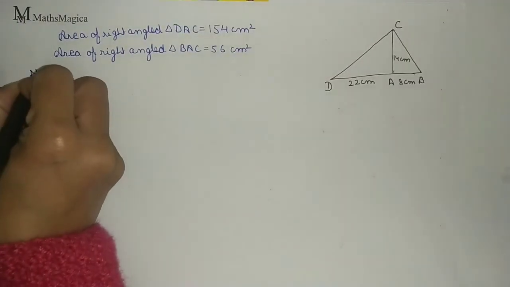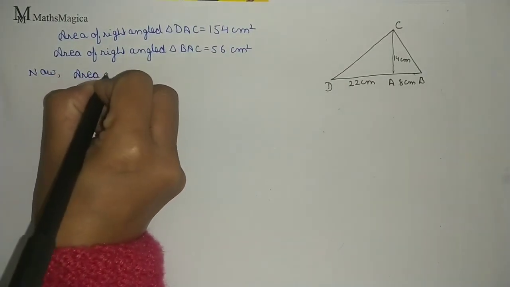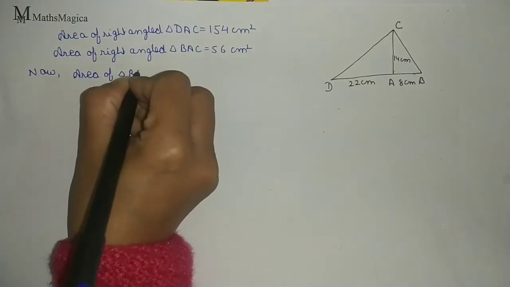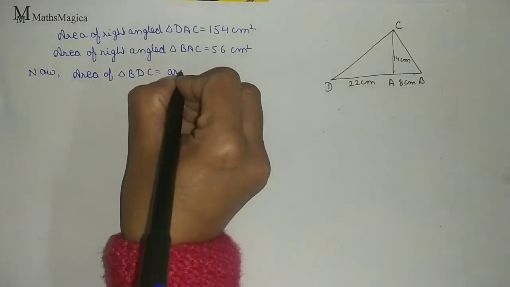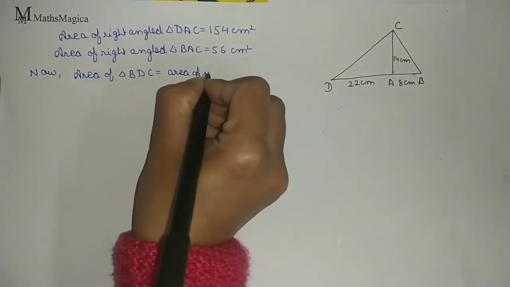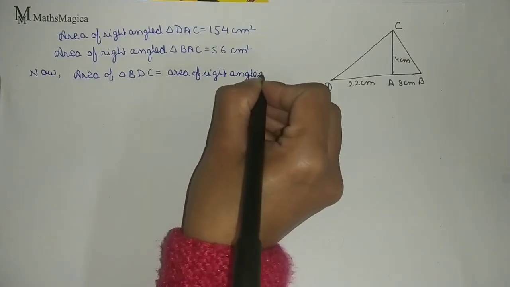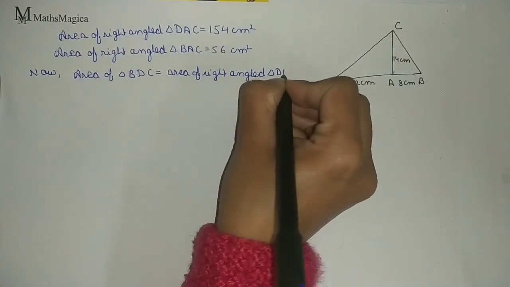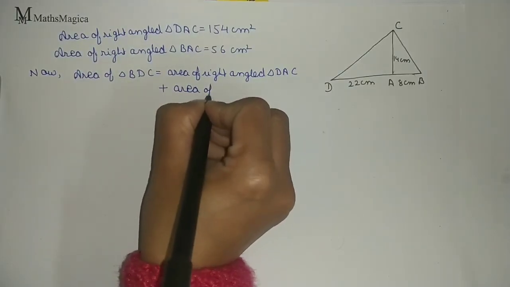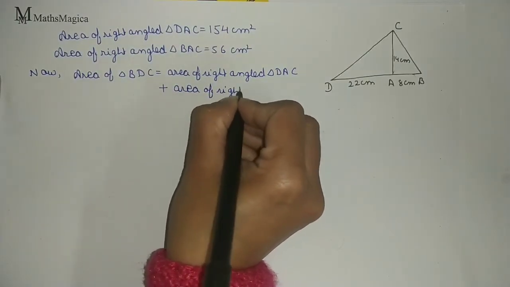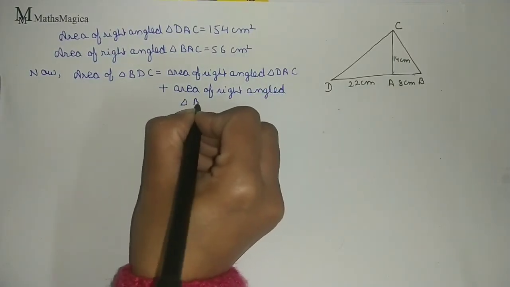Now the area of triangle BDC is equal to area of right angled triangle DAC plus area of right angled triangle BAC.